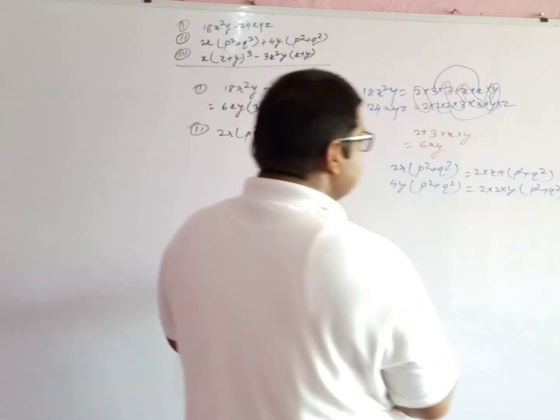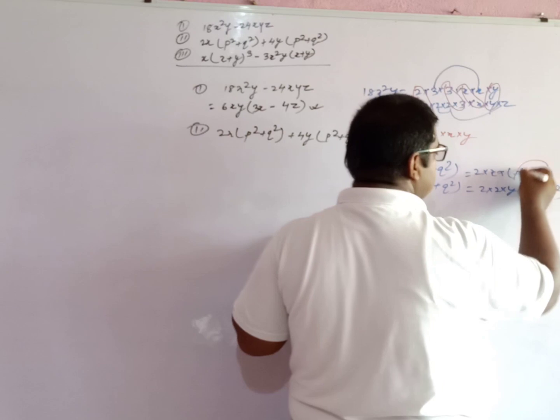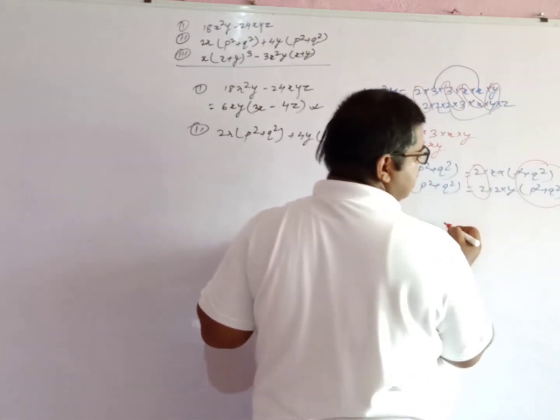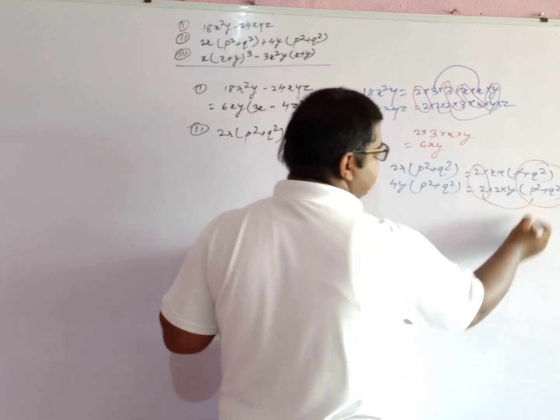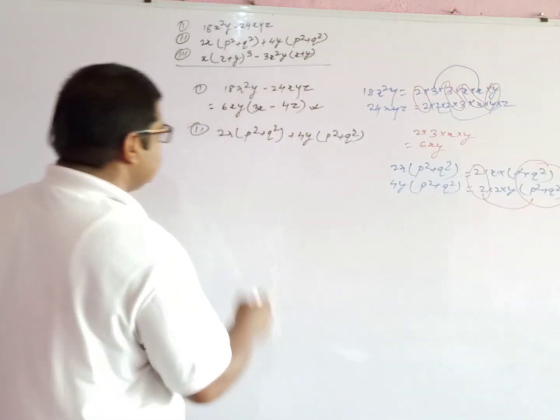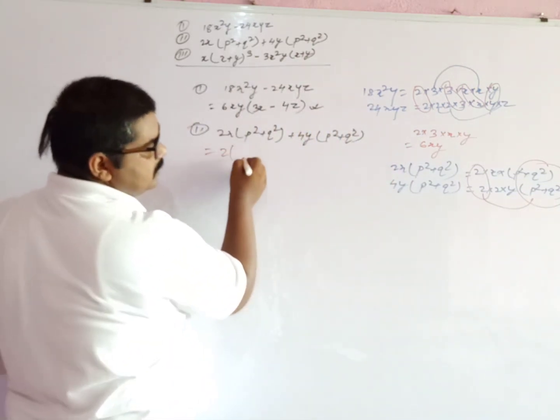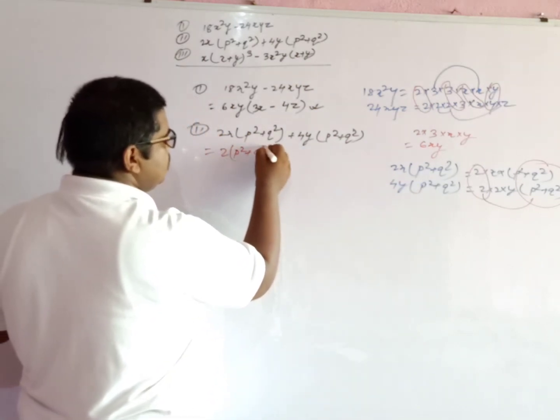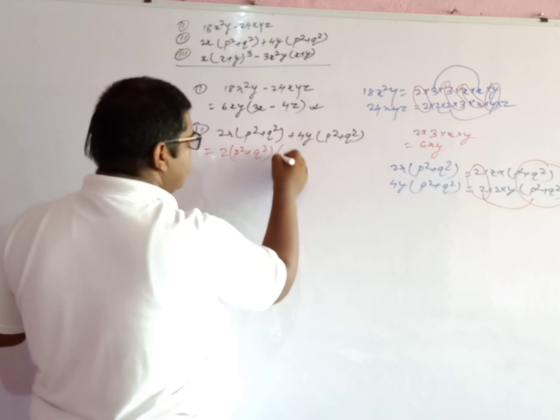My dear, you can see what is common: p squared plus q squared is common, 2 is common, and this is why you select 2(p squared plus q squared) as common.